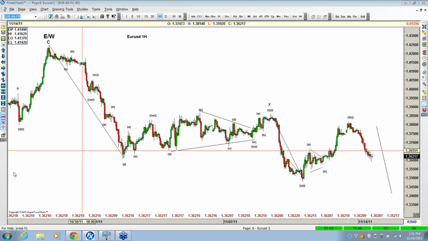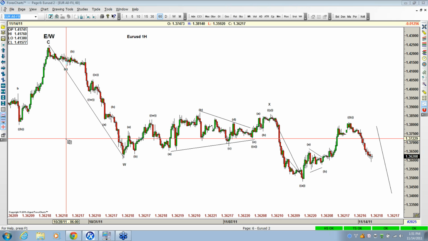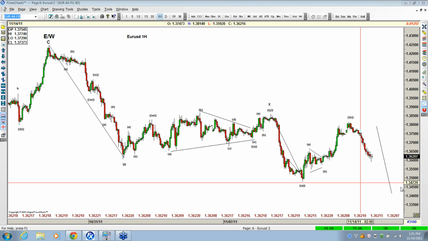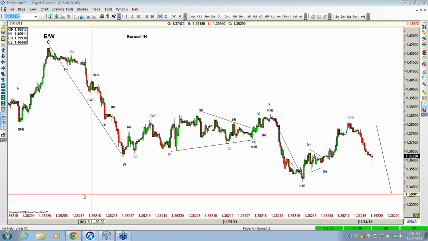What is clear now on the euro is this. To be honest with you guys, I don't care about anything that happened from 144 anymore.